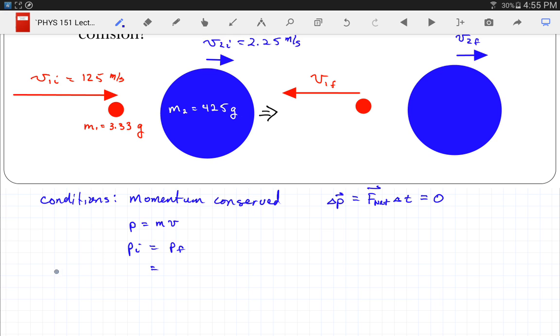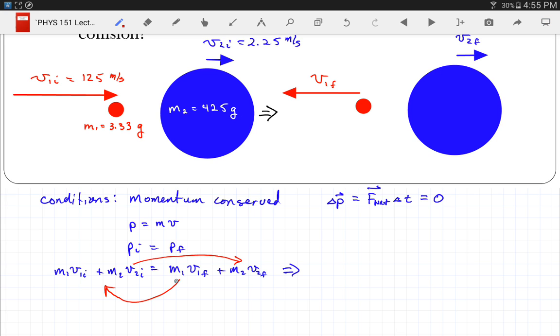So momentum initial is going to be mass 1 v1 initial plus mass 2 v2 initial. And momentum final will be mass 1 v1 final plus mass 2 v2 final. Now, as we did in class, I'm going to rearrange this by moving the mass 1s to the left side of the equation and the mass 2s to the right side of the equation.